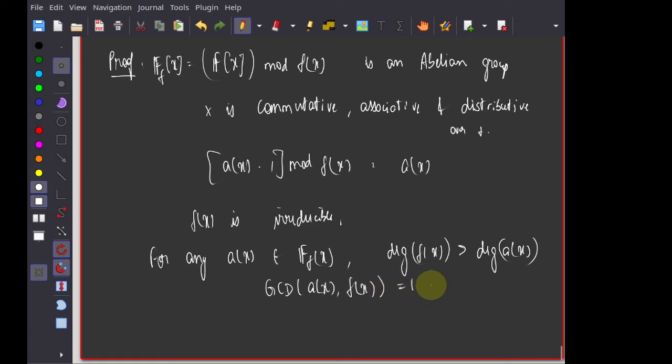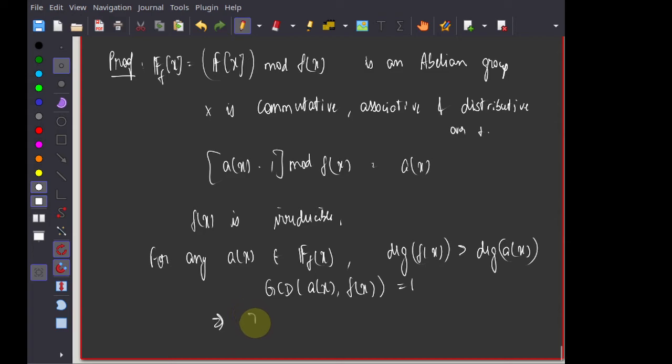Do you agree? f(x) is irreducible, therefore it is not divisible by any polynomial which has smaller degree. So the GCD of a and f should be equal to 1. What does this imply?